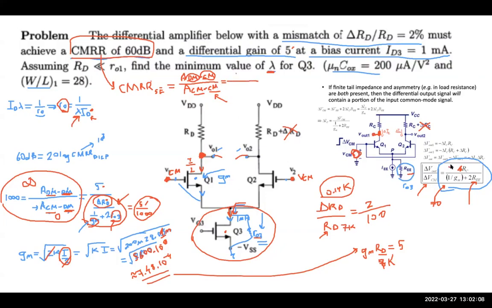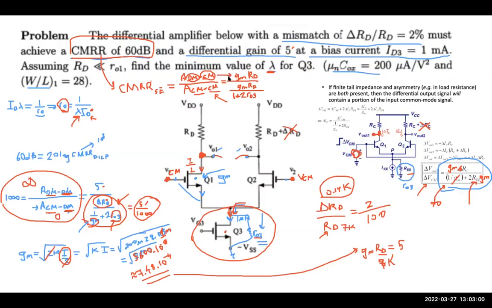Let's multiply both sides with GM. On top it was GM RC, here RD in this case, when you apply differential. The bottom is when you apply common mode and look at common mode. So it's GM RD divided by 1 plus 2 GM RO3.